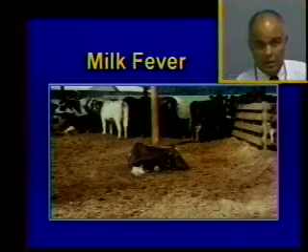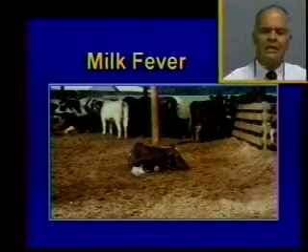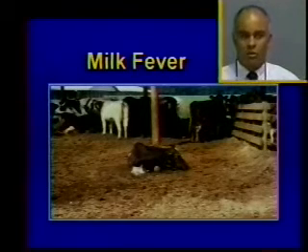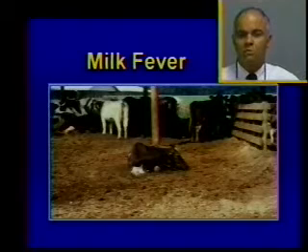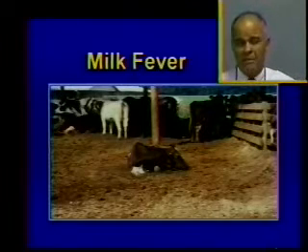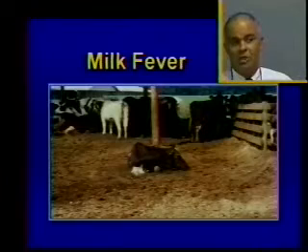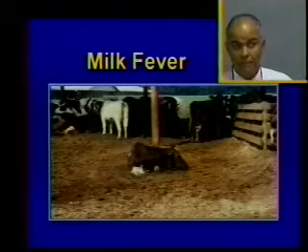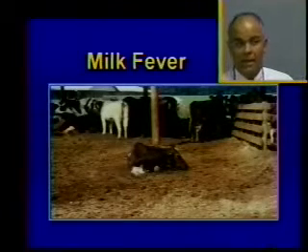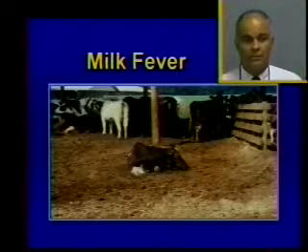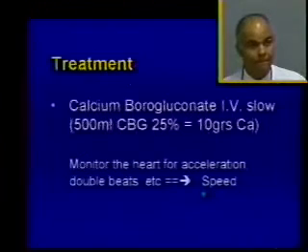With milk fever in dairy cows, what we have is a flaccidity of the major muscle groups. But there may be some fasciculations and a little bit of trembling. But if she's not treated promptly, they usually die from respiratory failure or heart failure.